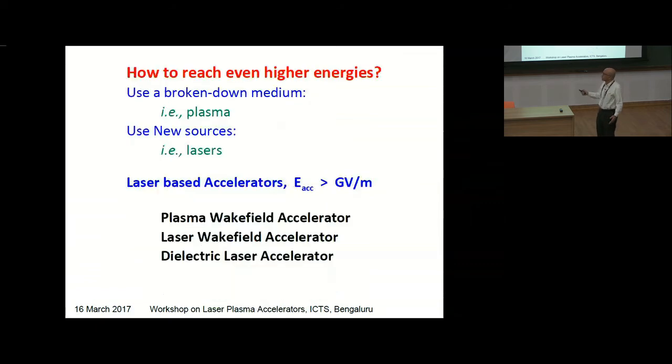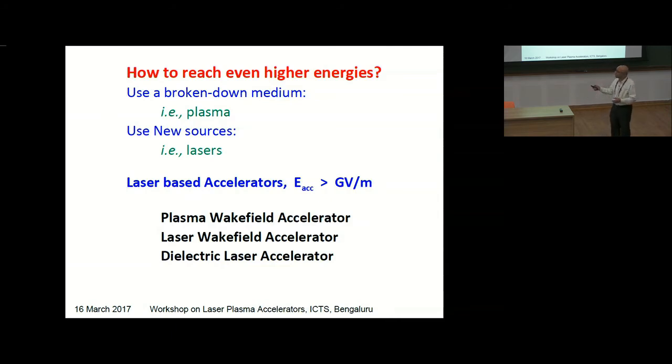Okay, so these are the possibilities we have been discussing in this workshop. The first one is that the breakdown of the medium gives the limitation for conventional accelerator systems, that is, the niobium cavities. So use a broken down medium, which is a plasma. Plasma is already broken down, you can't break it any further.